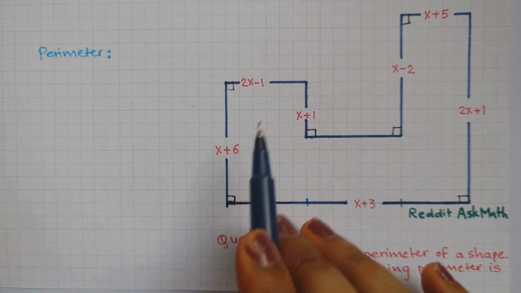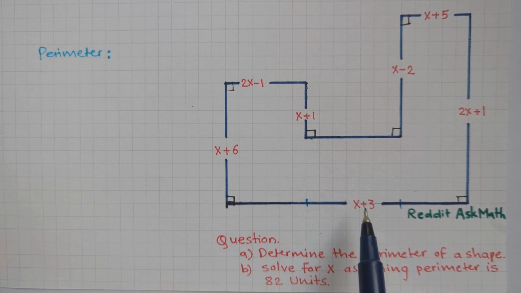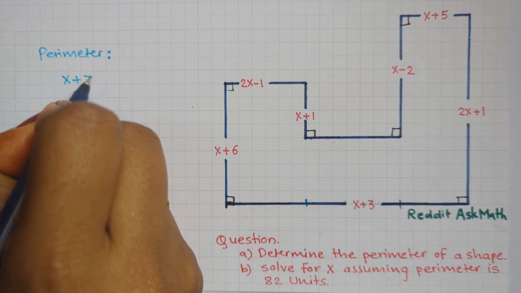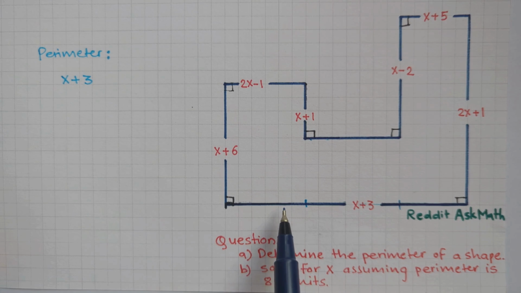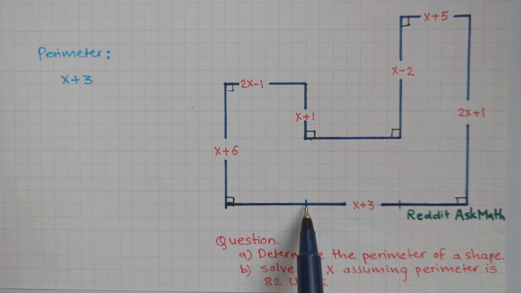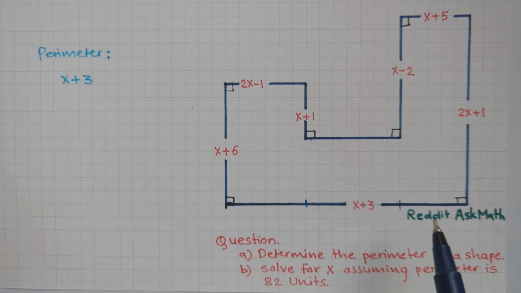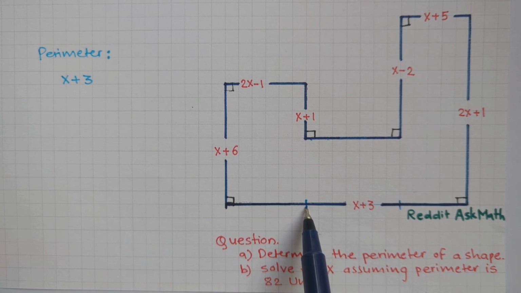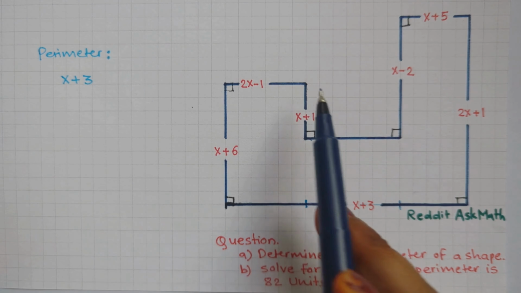Perimeter is nothing but the addition of all the lengths of the sides of any shape. So let's first focus on this bottom line, which is x plus 3, and now I have divided this bottom line into 3 parts. That is just for observation. This particular part is equivalent to the length of this particular part.